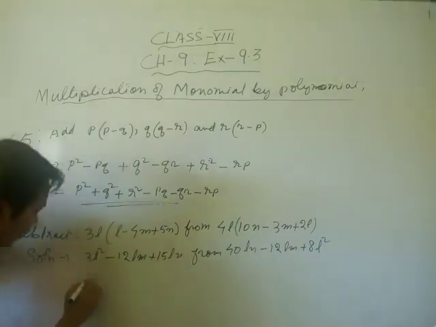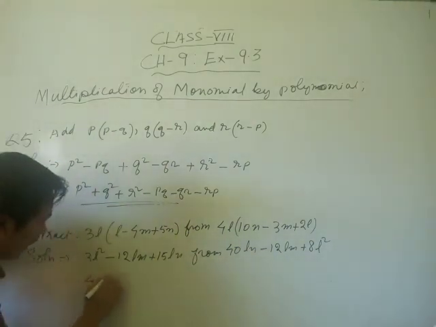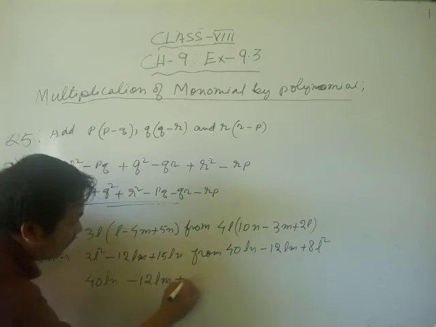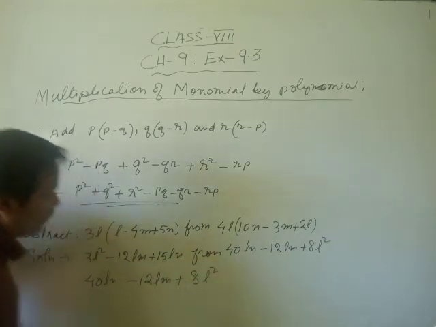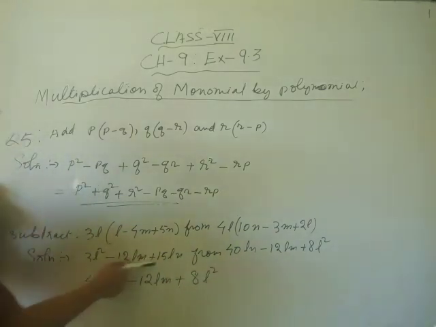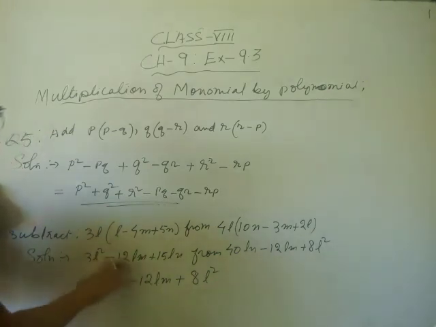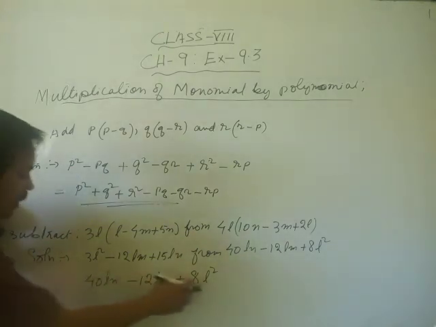So subtraction is subtraction, what we have to do? Let us see. So then let's write this: minus 12 ln plus 8l squared. Now from this, we are going to write in the column where the terms are l squared: 3l squared, right here.